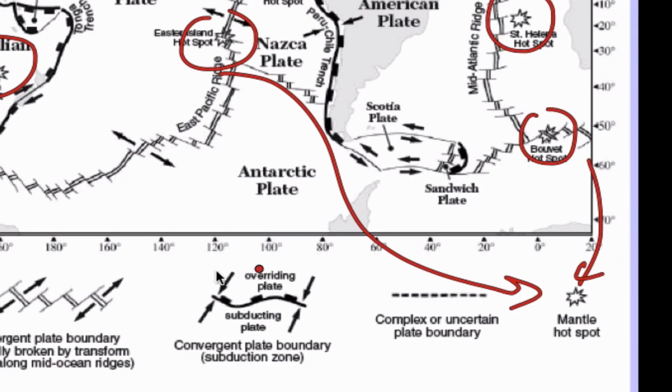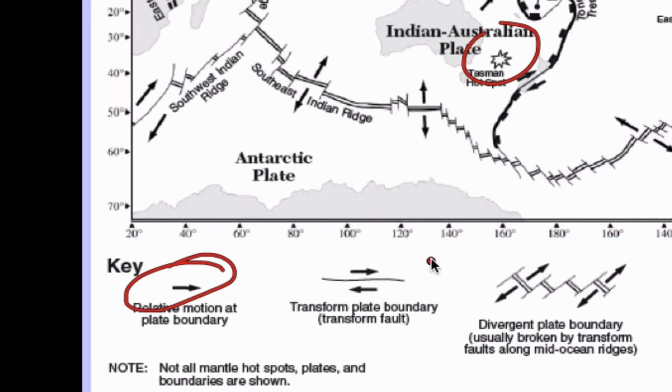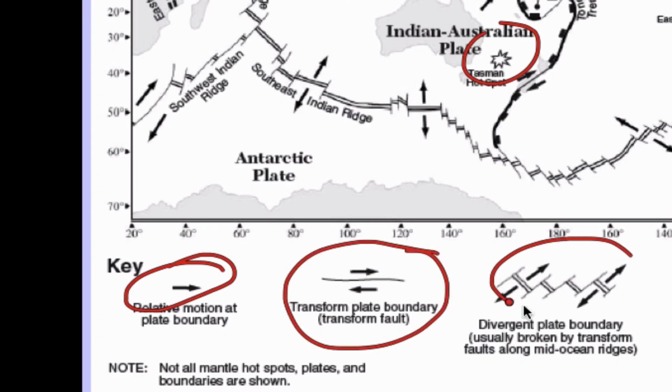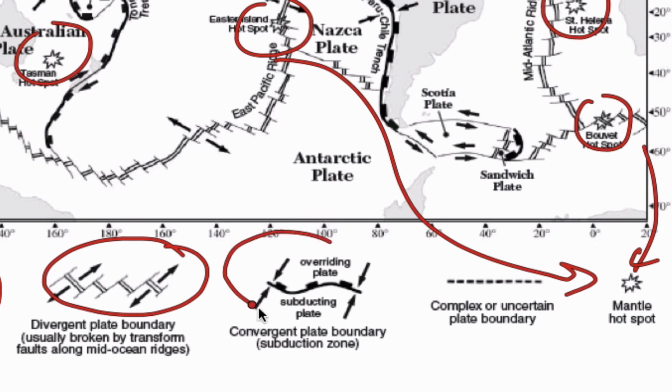It tells it right there. We see a number of things. The arrow showing us which way the plates move, a transform plate boundary, divergent plate boundary, and a convergent plate boundary. They also tell you the subducting and overriding plate. So really, here, what we need to know is just identify what's happening with the arrows and how the plates are moving. And the reference table will pretty much do the rest for us.